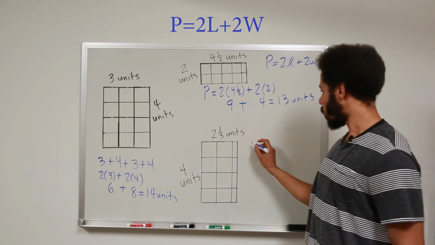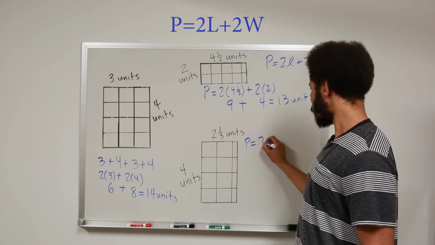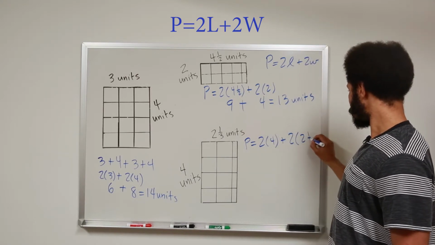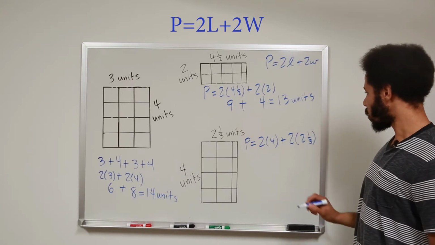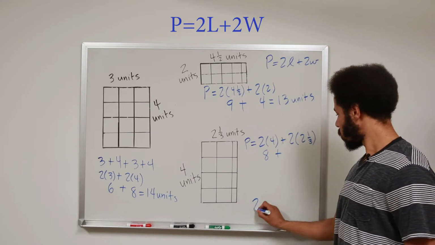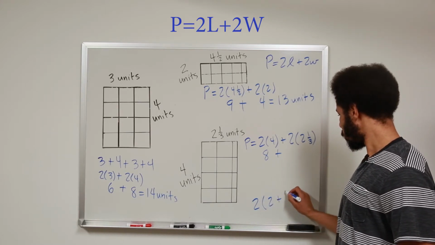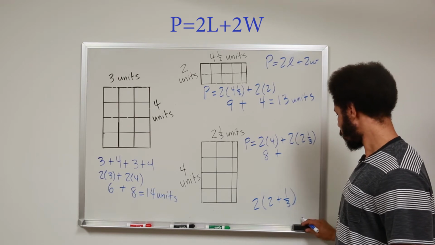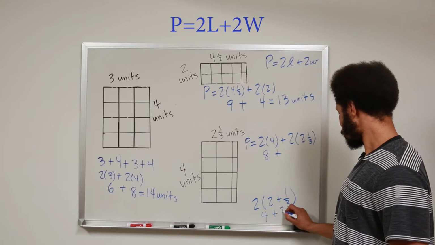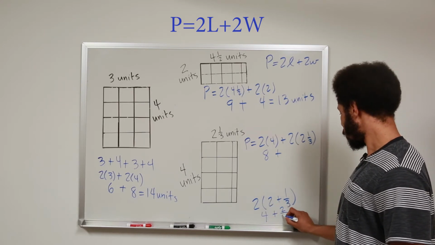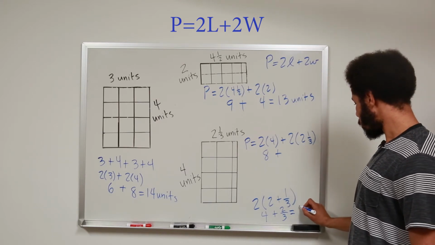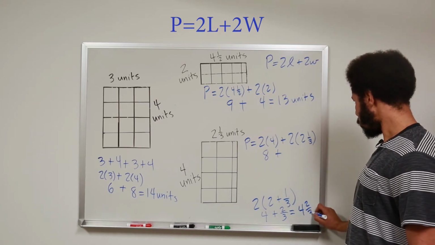Last but not least, we have perimeter for this last figure is 2 times our length of 4, plus 2 times 2 1/3. Okay, 2 times 4 is 8, plus, I'll do a little scratch work under here, 2 times 2 plus 1/3. 2 times 2 is 4. 2 times 1/3, 2/3 here. So 2 times 2 1/3 is going to be 4 2/3.